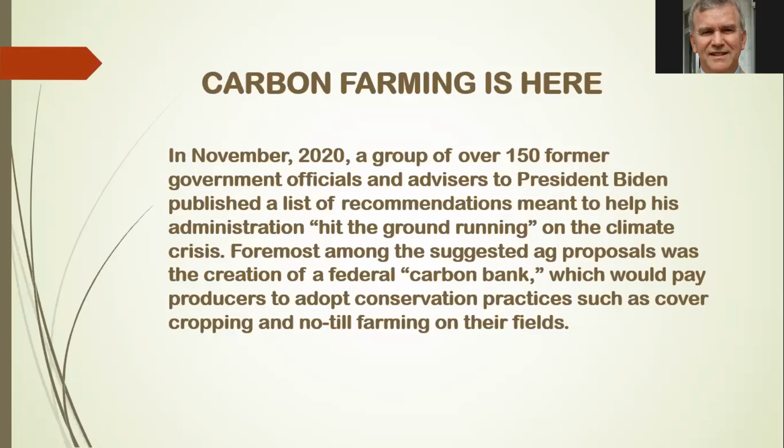So this is a carbon bank to pay for carbon sequestration, direct payments to the farm to compensate them for investing their farm management efforts in practices that sequester carbon.